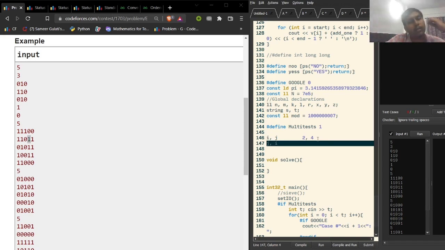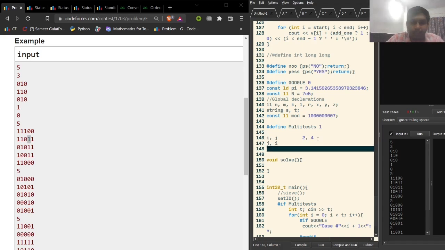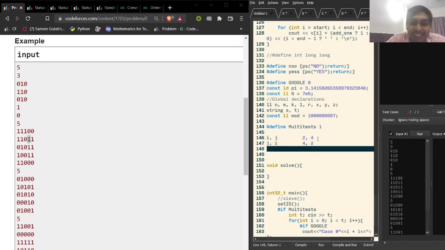No, 4. It just goes to 4 too, right? Am I overcomplicating this problem? Is it just simply j comma I? Probably. Then once you just rotate it 180 degrees, it would be okay.